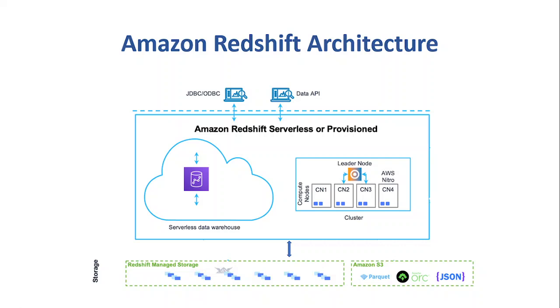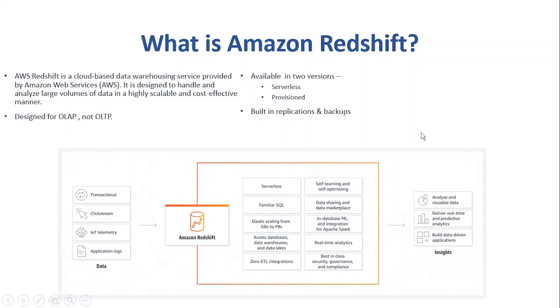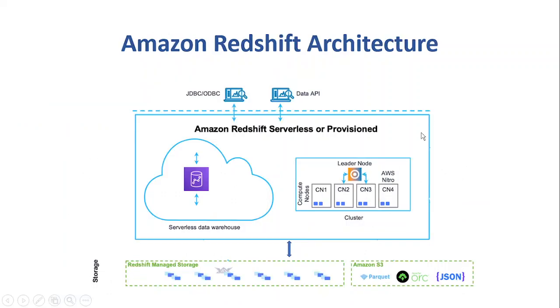So it's basically a cluster, which is a collection of compute nodes and a leader node. The leader node facilitates the communication with the client application. For example, if you're using a SQL client and using a JDBC driver to connect with Amazon Redshift, that communicates with the leader node.